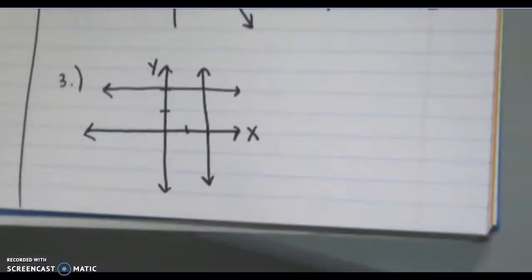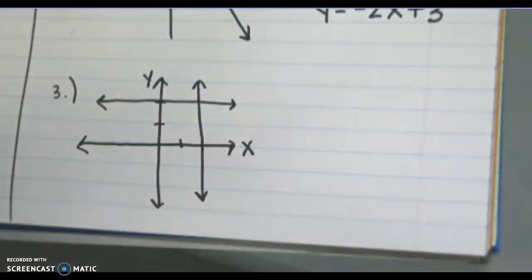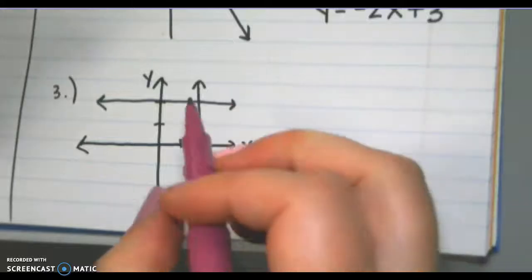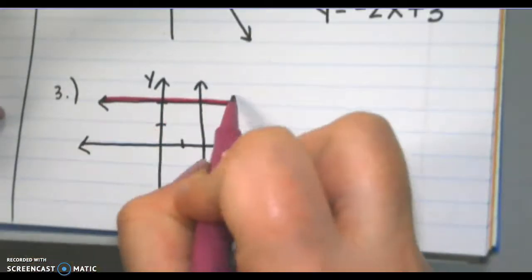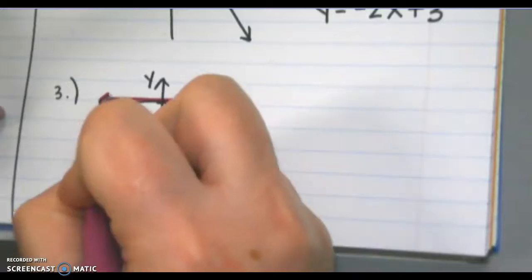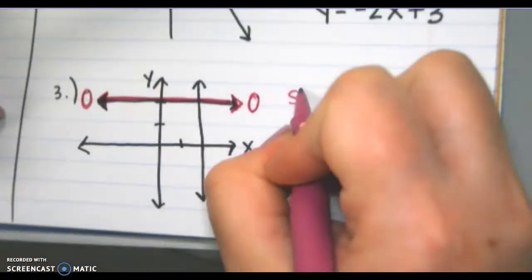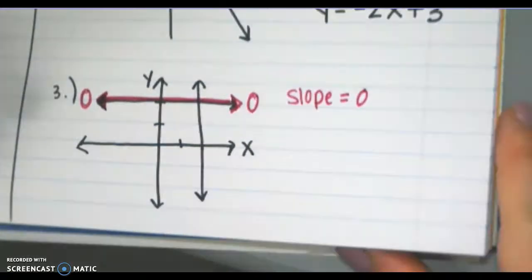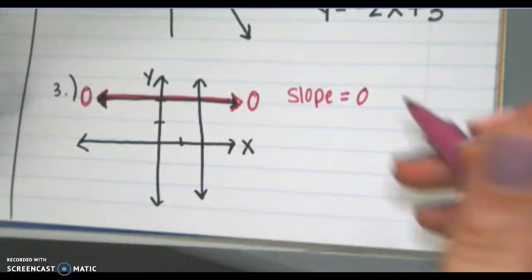All right, just another reinforcing of these vertical lines and horizontal lines, because the vertical line doesn't really fit with y equals mx plus b, because technically it's not a function. But here's my horizontal line. So remember, horizontal line is like Slope Guy's mouth. So the slope is 0. So we can write the equation of this like y equals mx plus b.